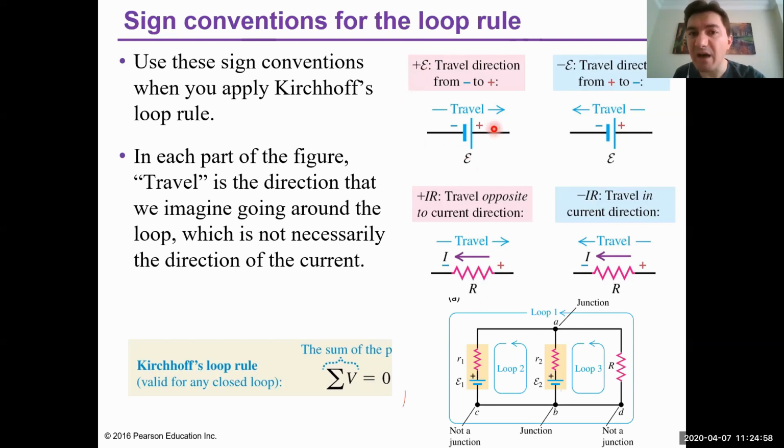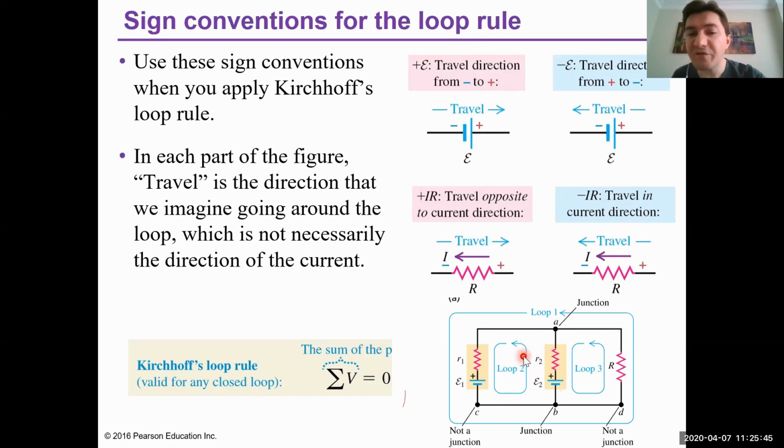Here we have an EMF. This is the negative side and this is the positive side of the EMF. Don't mix up the direction of travel within the loop with the direction of the current. Current can be like this, and the loop can also be along the current, or the current can be like this and you can choose the loop direction like this. Let's consider that you choose the current direction like this and you choose a loop direction the same as the current direction.